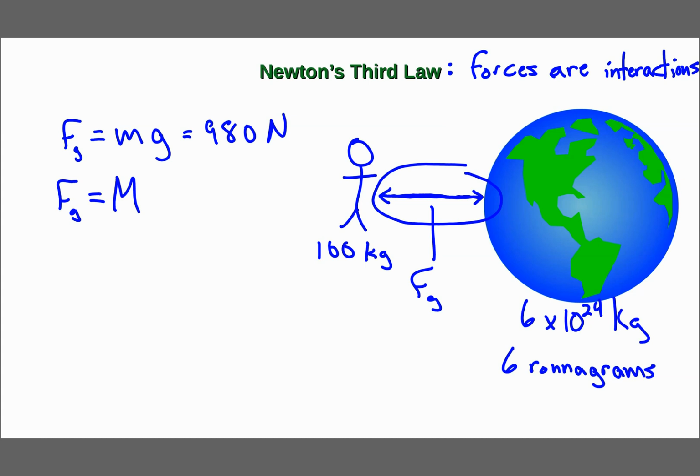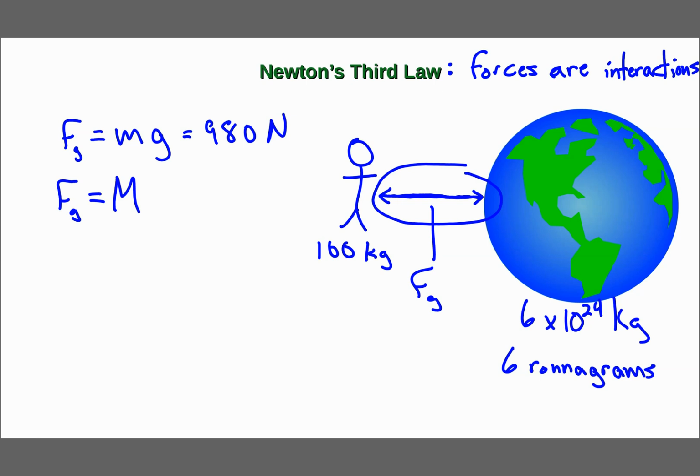But this means that the Earth is 6 million times a million times a million times a million kilograms. And remember, my mass was 100 kilograms, okay?